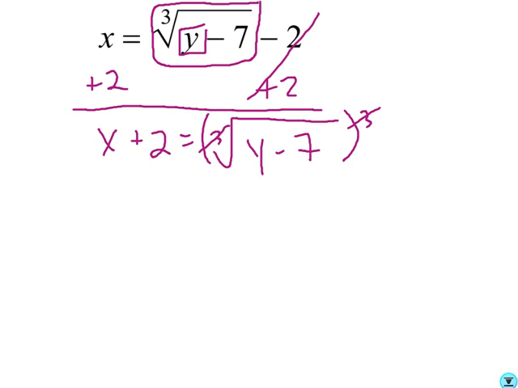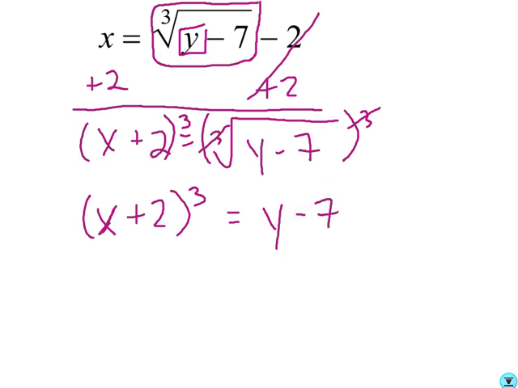And I'm going to do the exact same thing to the other side, to the third power. So now x plus 2, that's an x, all to the third power is equal to the cube root, and taking it to the third power canceled that out. So we now have y minus 7.